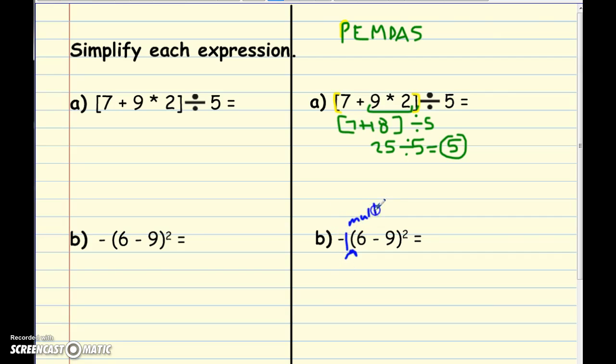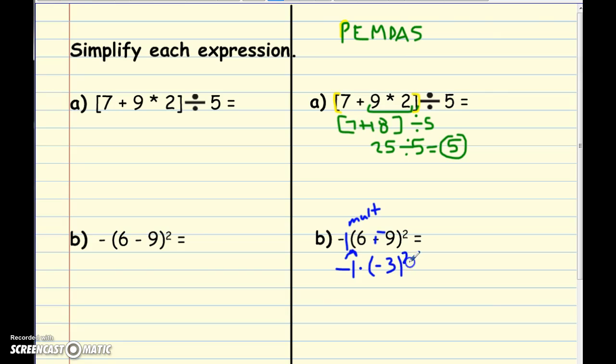We're going to keep that in mind, but we're going to focus inside the parentheses because we have to do grouping symbols first. 6 minus 9, if you want to consider changing subtraction to addition and changing that positive 9 to negative, I'm going to put this -1 again, and 6 plus -9 is -3.